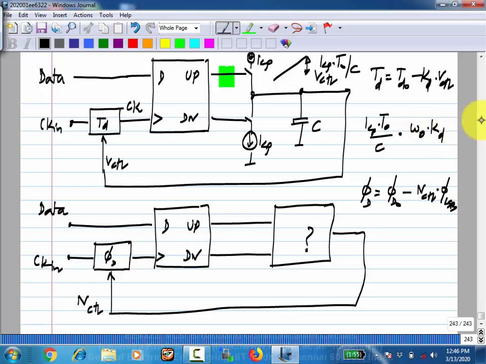So what is T naught times omega naught? 2 pi. So basically this whole thing becomes 2 pi ICP KD by C.